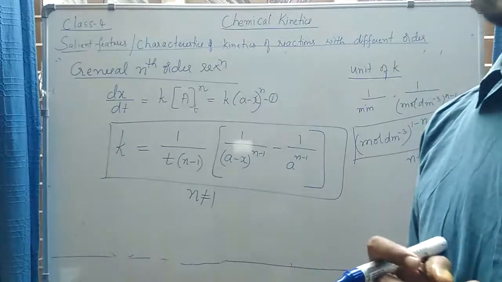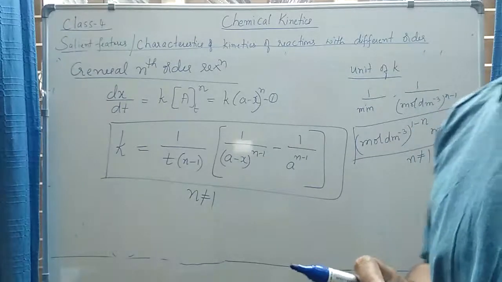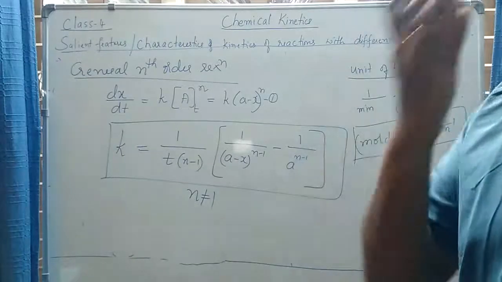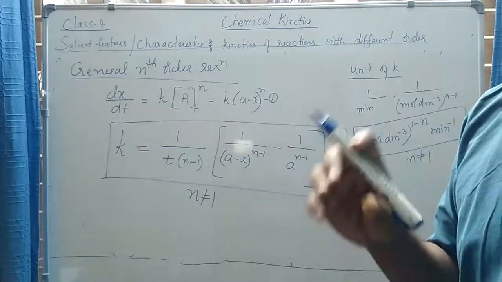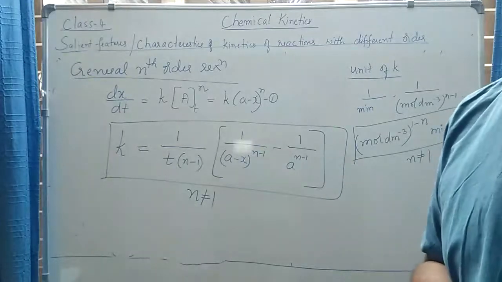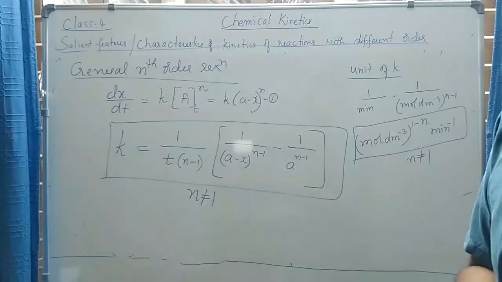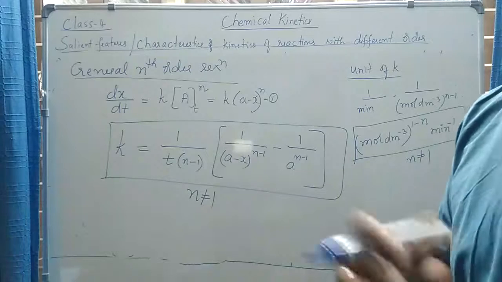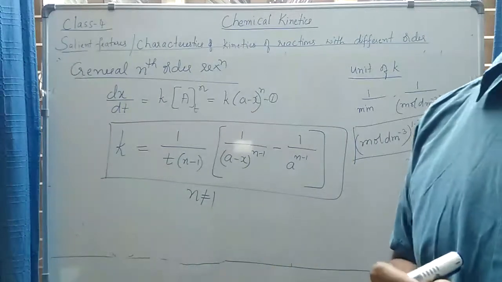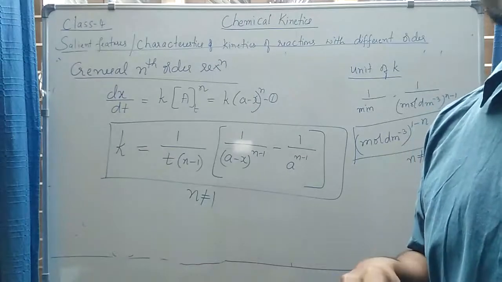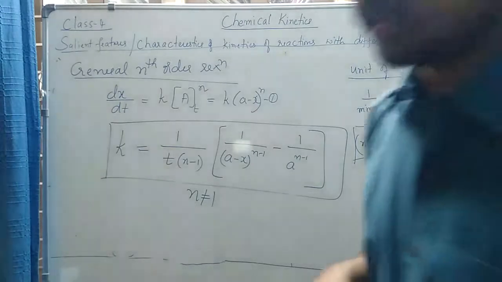We know that all the reactions do not proceed with the same rates, so different reactions generally have different half-lives. So half-life is a characteristic of a particular reaction. So first we will define what is half-life and try to find out what are the characteristic features of 0th order, 1st order, 2nd order reaction with respect to this half-life.